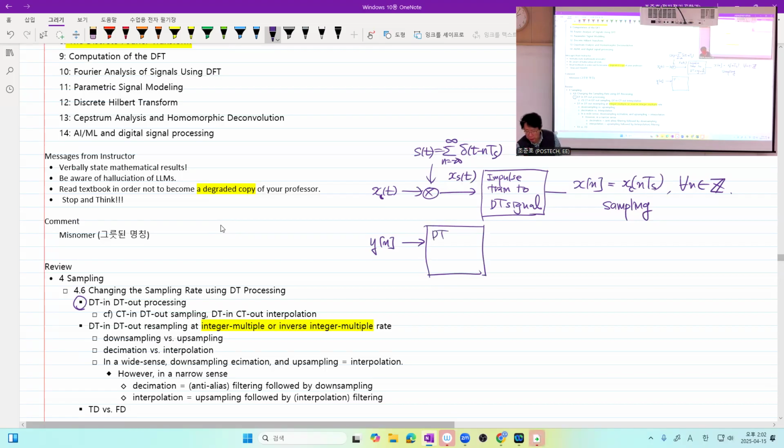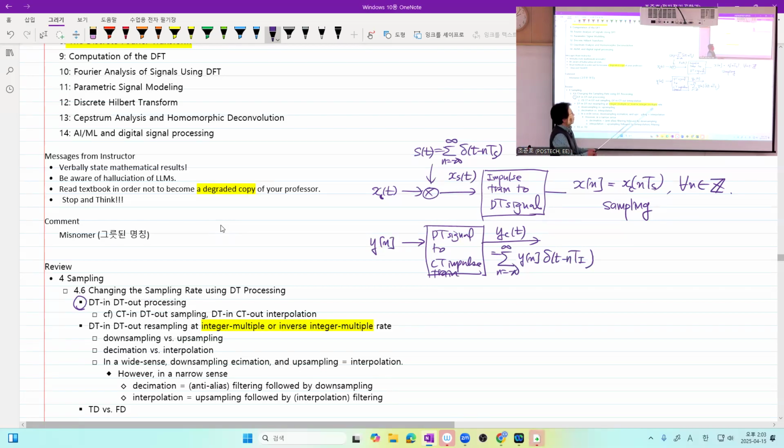So here, DT signal to CT impulse train, actually a modulated impulse train. So you have here y_c of t, is it y_s or y_c? I'm not sure. And you have your nth term multiplied by delta of t minus n times T_I.